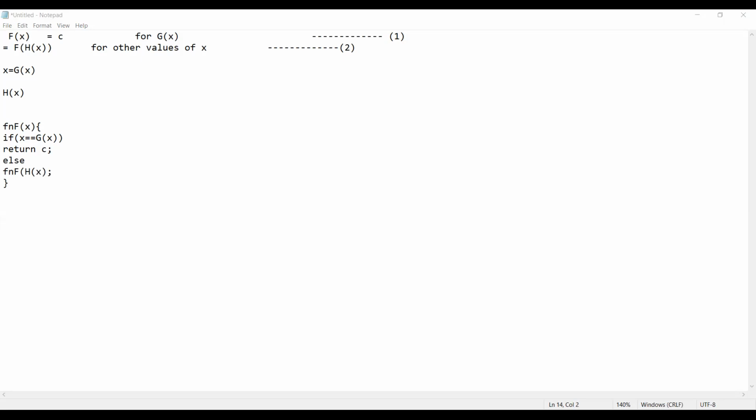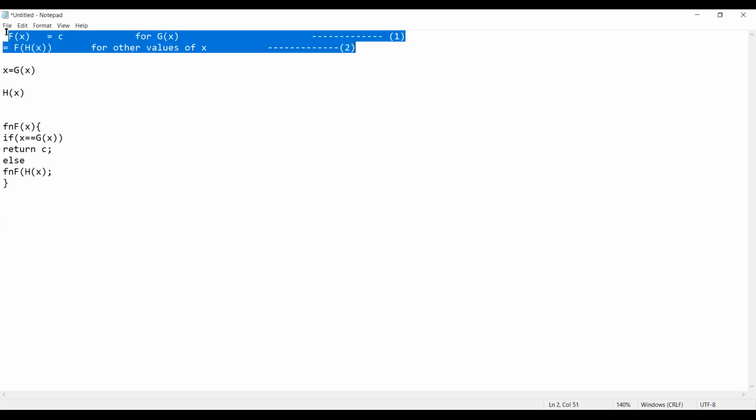Now let us consider some problems here. Suppose the first problem is the factorial function. The recursive definition to calculate the factorial value of a number is as follows. I write down this in the notepad.